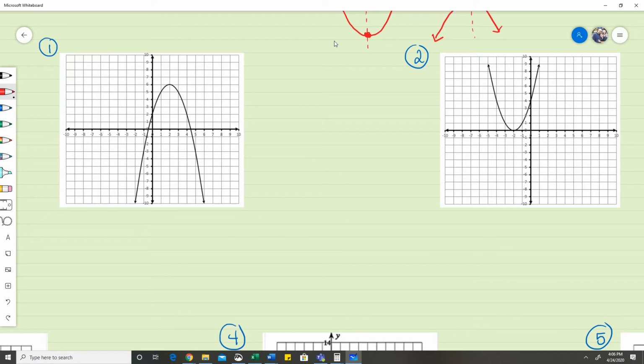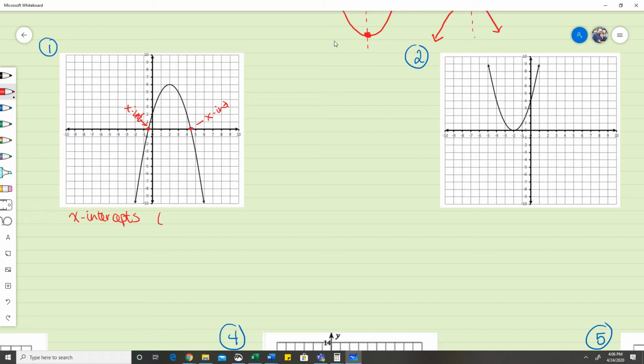So, all right, let's actually look at some graphs. Okay, let's start by looking at our x-intercepts. Now, x-intercepts, as you can tell here, we cross the x-axis twice. Okay, so this is an x-intercept, and this is an x-intercept. Okay, so we cross that x-axis twice.